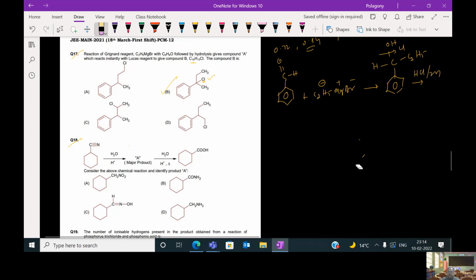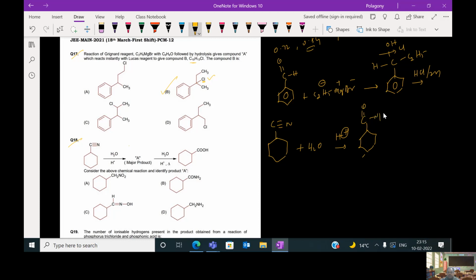Again, I will start with this compound, cyclohexane nitrile, followed by hydrolysis. In the presence of acid medium, we get an amide compound.